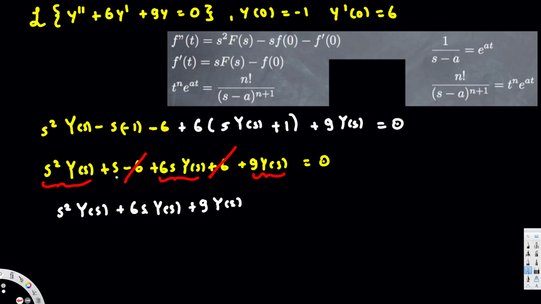I'm going to bring this s to the other side of the equation, so it becomes negative s. That's the only other term we have, and this is equal to this.